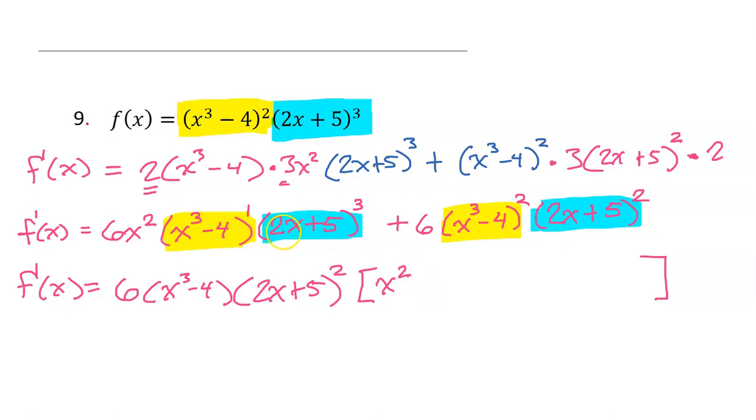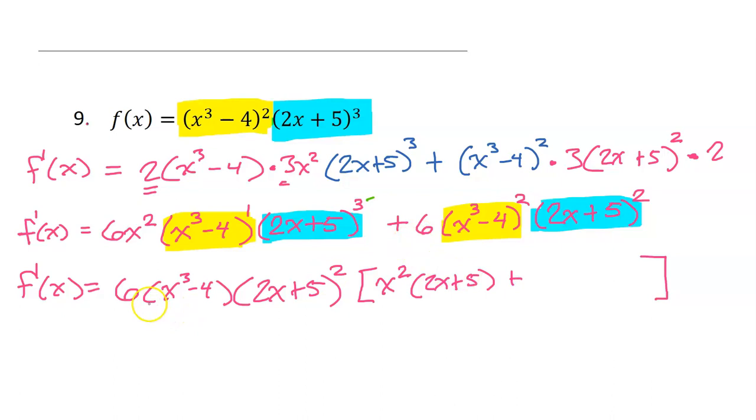I see 2x plus 5 to the third power, and then I'm factoring out 2x plus 5 squared. When I divide these, I actually subtract the exponents. So it's like I'm doing 3 minus 2 right here. So that's going to leave 2x plus 5 to the first power. So I'm going to have just 2x plus 5 in these parentheses.